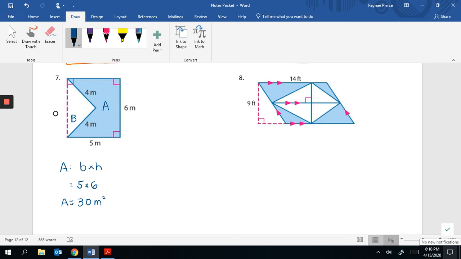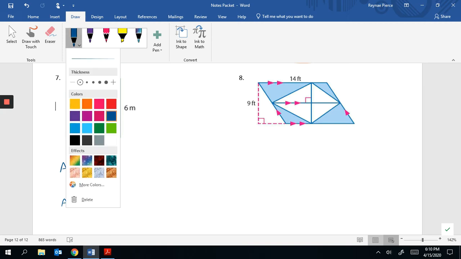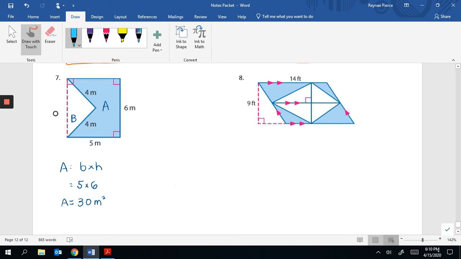Okay. Now looking at this triangle, I can tell that my base is 6, but I don't have a height. The nice thing is, since both of those sides that are labeled there are 4, that means this is an isosceles triangle.